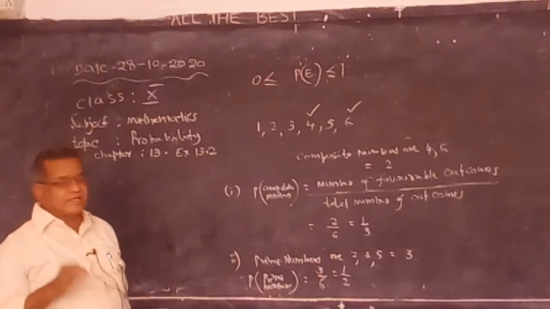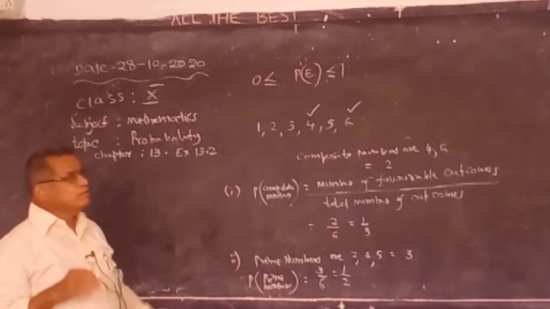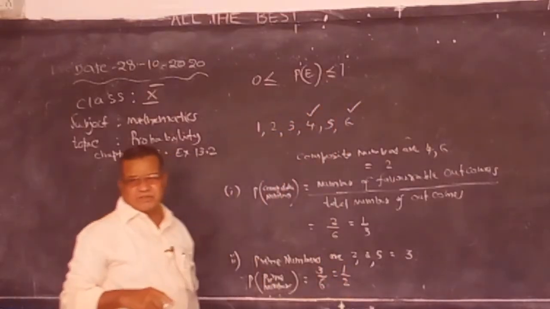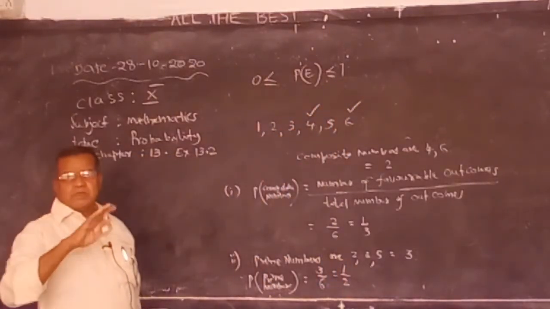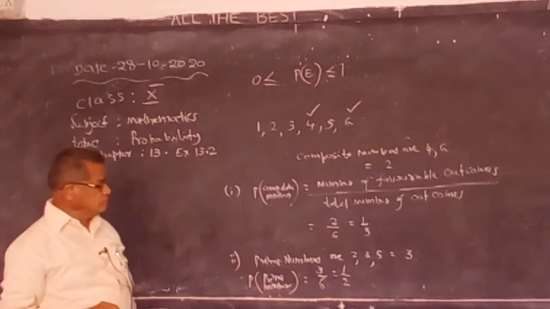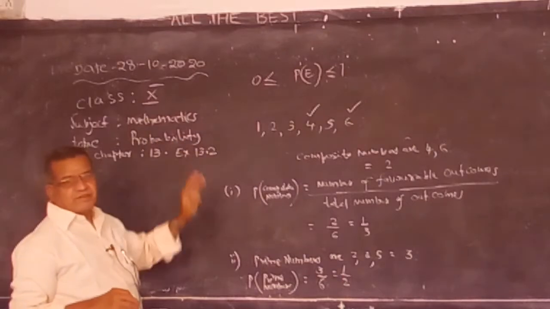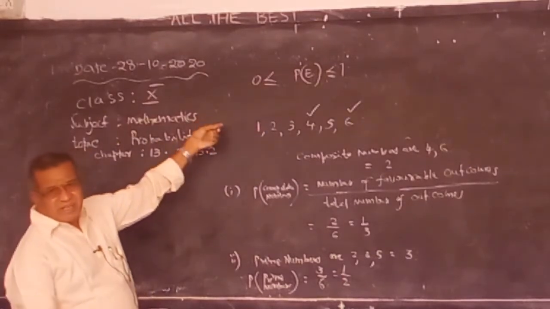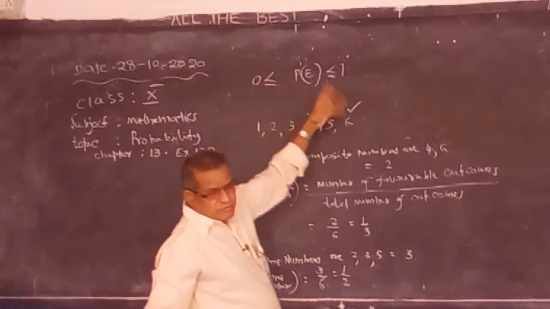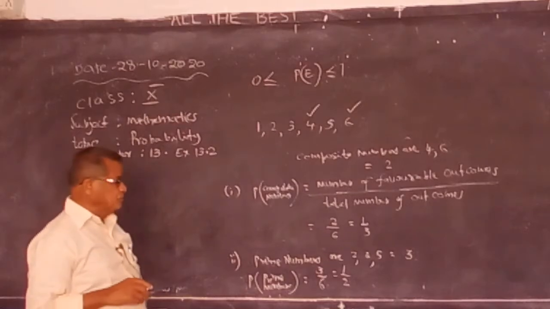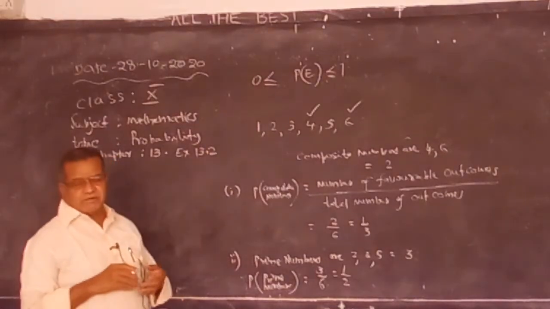Probability is never negative and never greater than 1. Take care of this. Your answer will always be equal to 0, equal to 1, or in between 0 and 1. That is important.